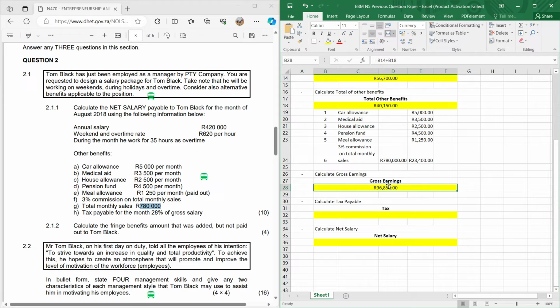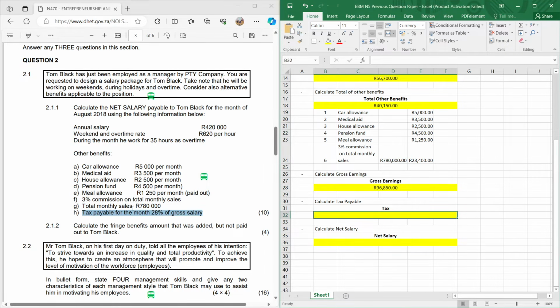Remember, there's still deductions. We still have the tax that was left out of the benefits. It also needs to be calculated in this entire amount. So this is a deduction, meaning it has to be removed from this amount. Then we will be left with the net salary. But before we can do that, we need to determine the tax.